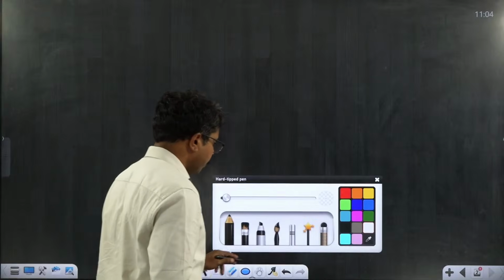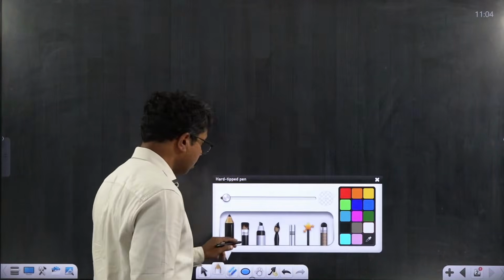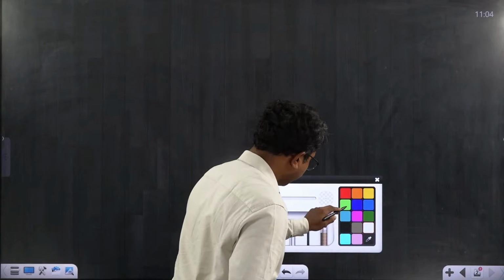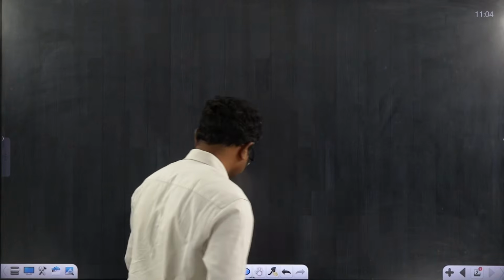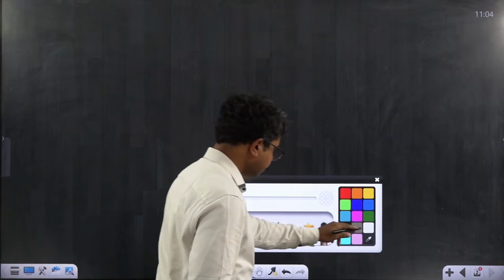Today we will be working mainly on ionic bond, covalent bond and coordinate covalent bond, and we will try to work on the examples.